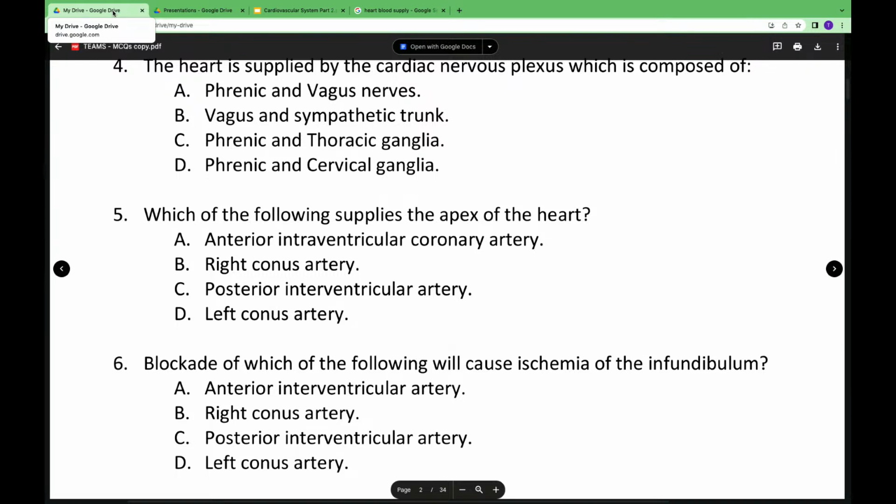The answer here will be... You know what I will do? I won't tell you the answer for that. Take the photo of this question, guys. In the next class, you will give me exactly the answer.